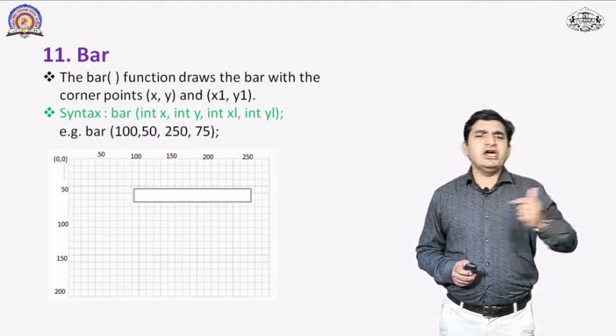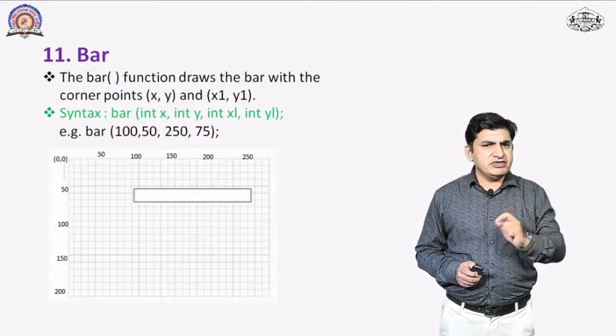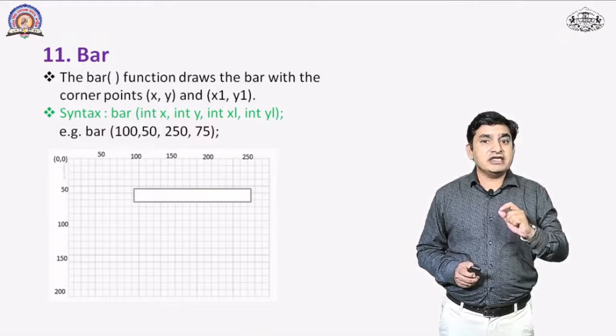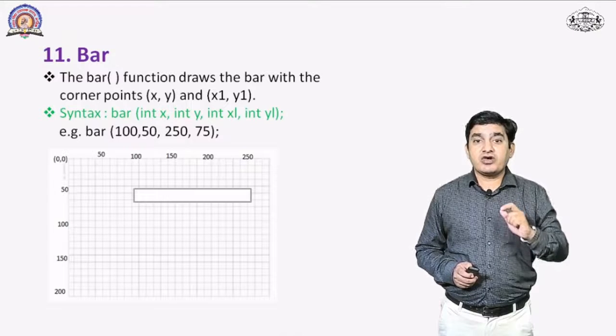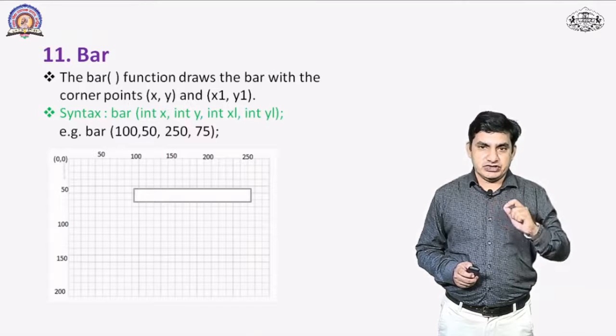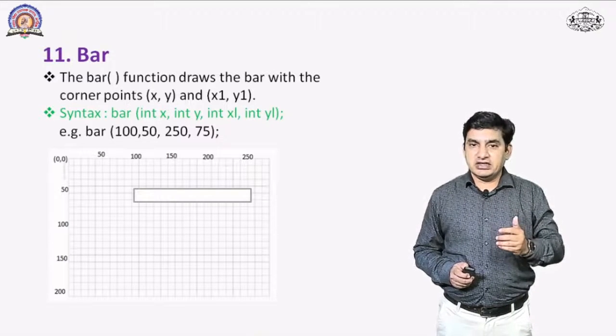What is the difference between the rectangle and bar? Here, the x coordinates or y coordinates are close to each other, so that we get a bar.